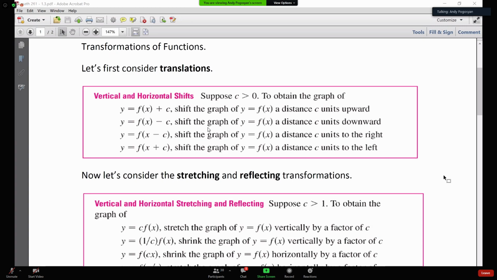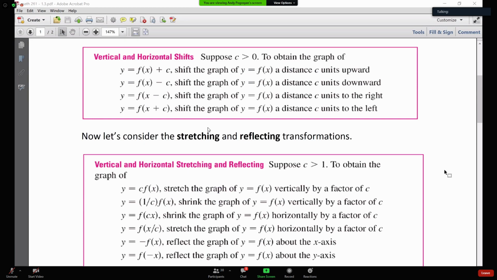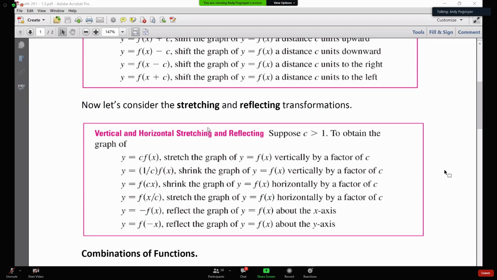Now, let's consider stretching and reflections. If c is greater than 1, to obtain the graph of y equals c times f of x, stretch the graph of y equals f of x vertically by a factor of c. If it's 1 over c times f of x, shrink the graph of y equals f of x vertically by a factor of c.